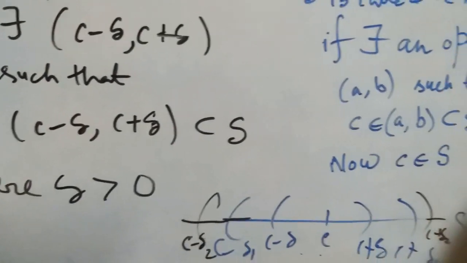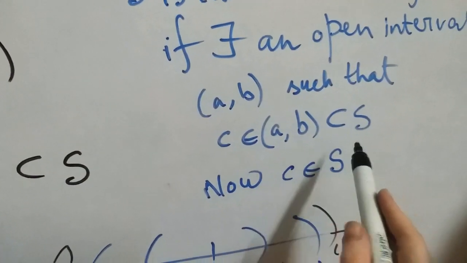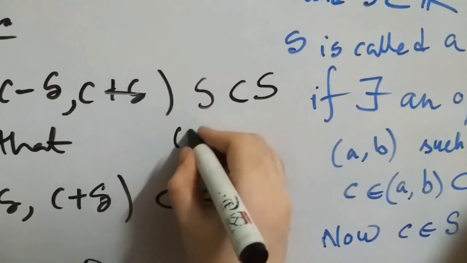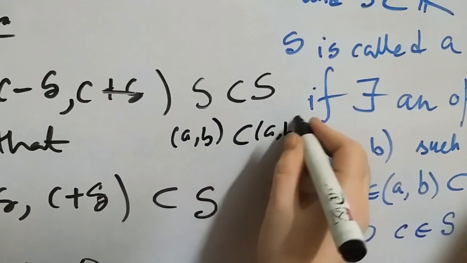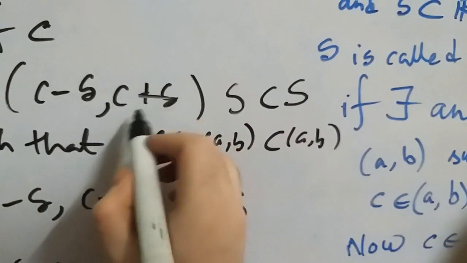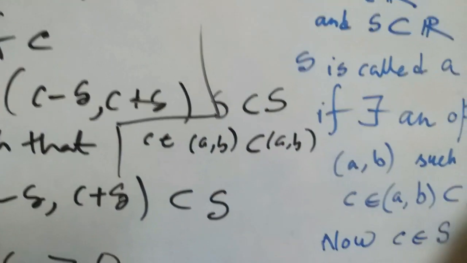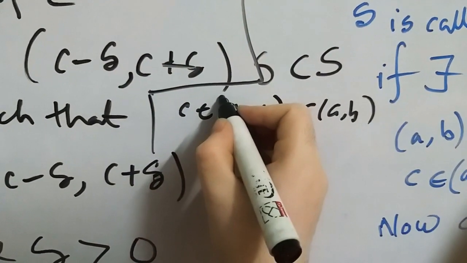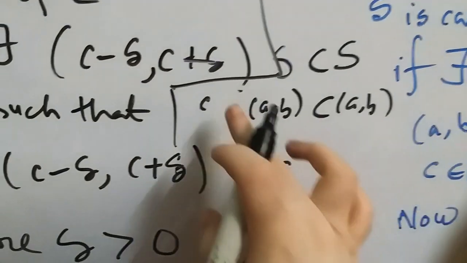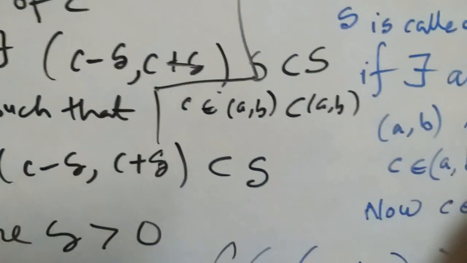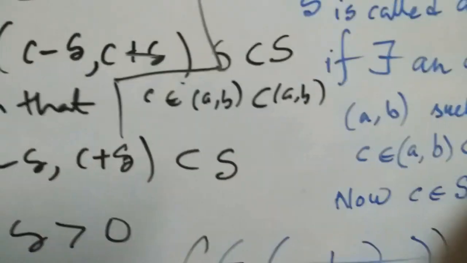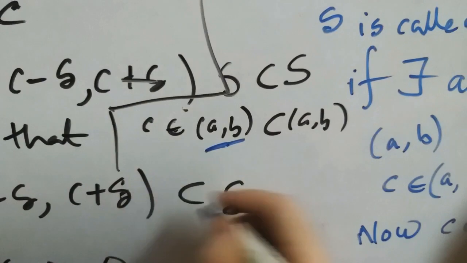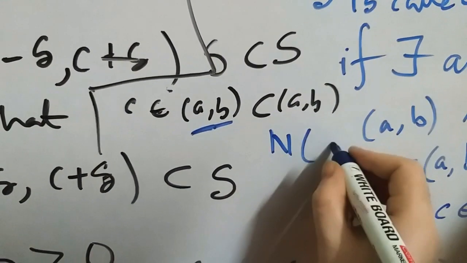And clearly, C belongs to the open interval (a, b) contained in S. We know a set is contained in itself. Therefore, the open interval (a, b) is contained in the open interval (a, b), and C belongs to this open interval (a, b). So the open interval (a, b) is also a neighborhood of C, denoted by N(C).